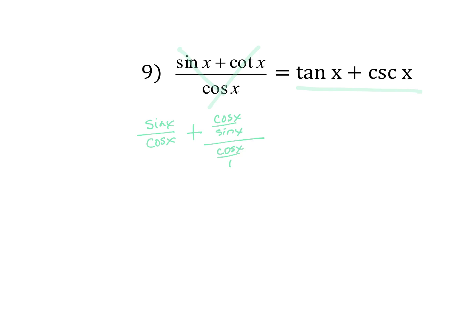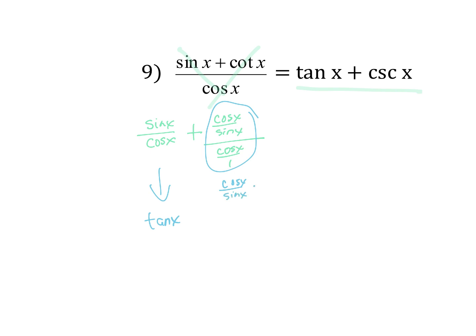All right. Now what? Lily, what does this give us? The sine x over cosine x. What is that? Cotangent, careful. Tangent. Yep, there we go. So that gives us tangent of x. For this, we've got to do keep it, change it, flip it. So we keep this the same.